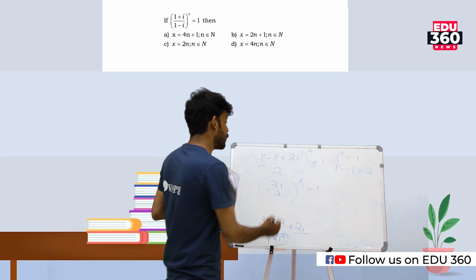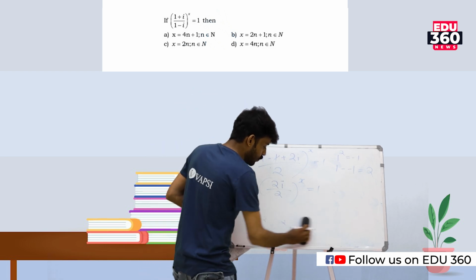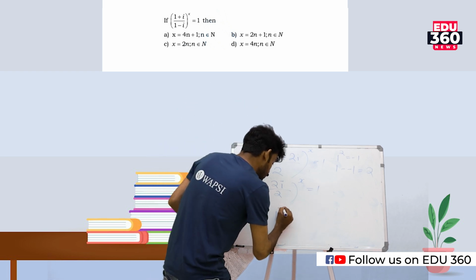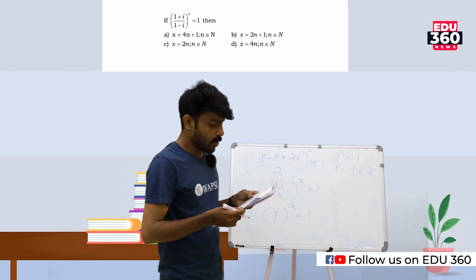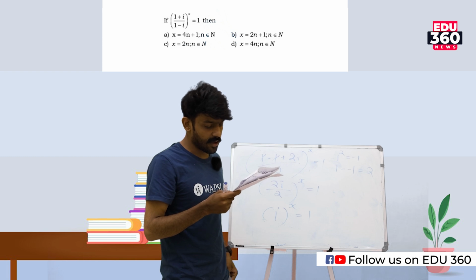2i divided by 2 raised to x is equal to 1. We can cancel the 2, so that is i raised to x is equal to 1.